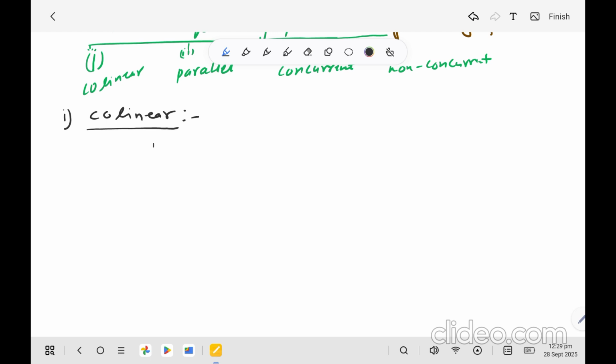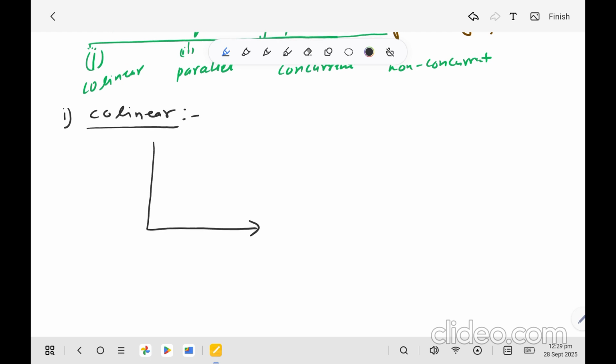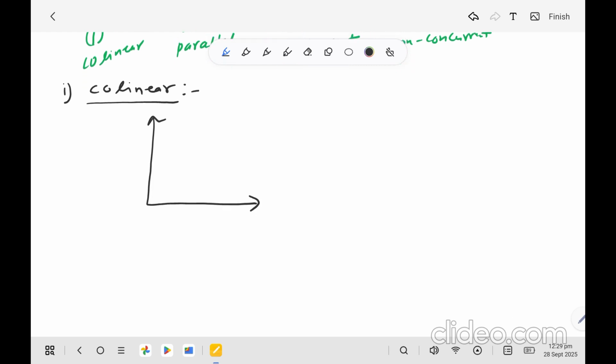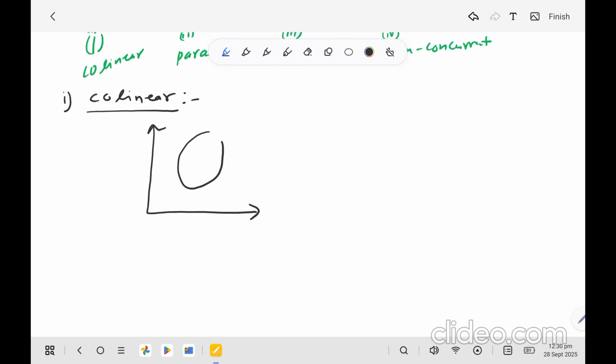So to understand the concept of coplanar system of the forces, let's assume an object in a given plane. Let's say this is the XY plane, and the object can be 2D or 3D, but its motion will be restricted in a 2D plane.